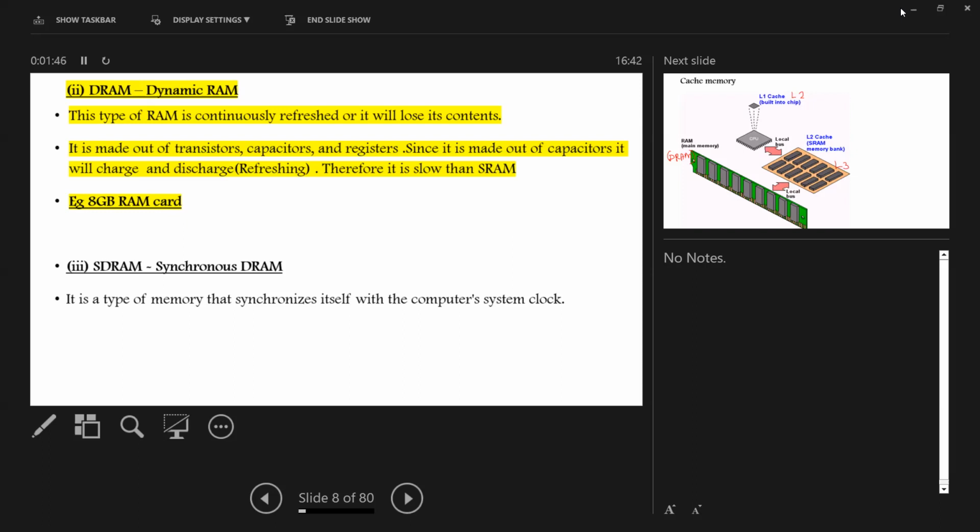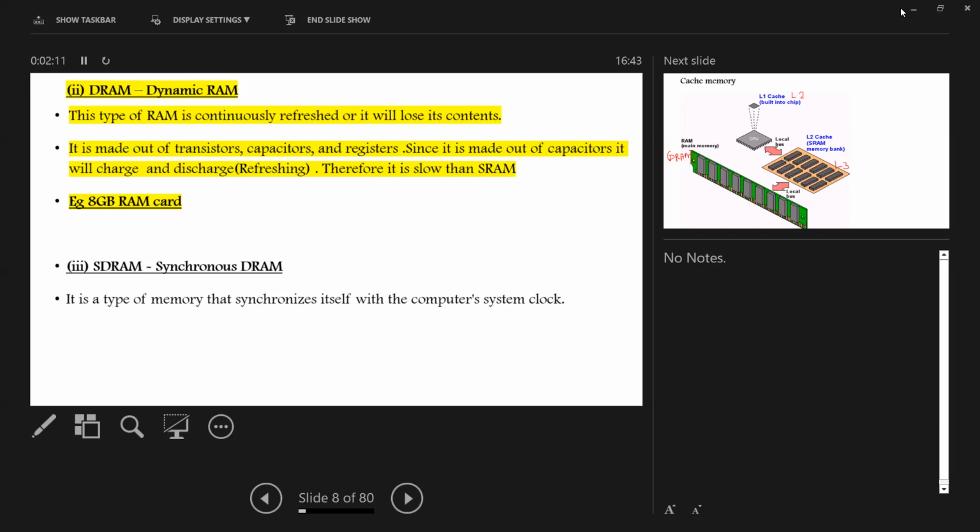It is made out of transistors, capacitors, and registers. Since it is made out of capacitors, it charges and discharges, refreshing. Therefore, it is slower than the SRAM. Normally we can purchase 8 GB or 64 GB RAM cards.